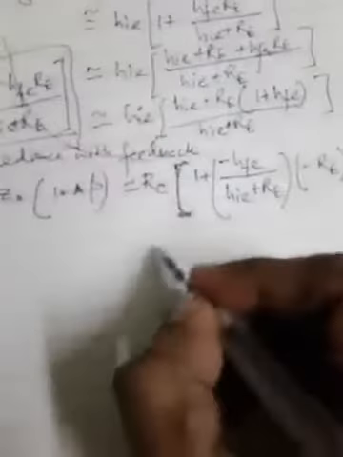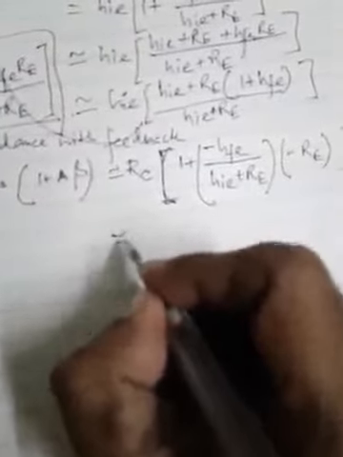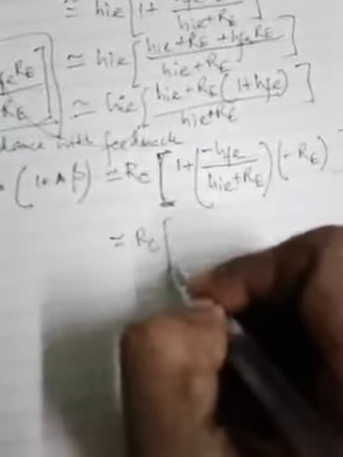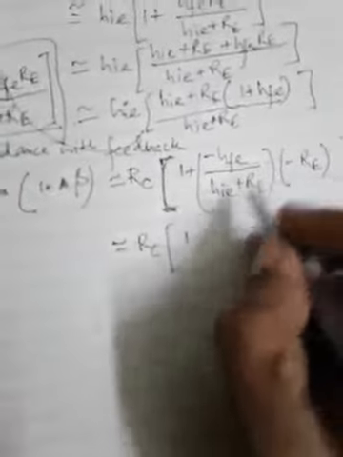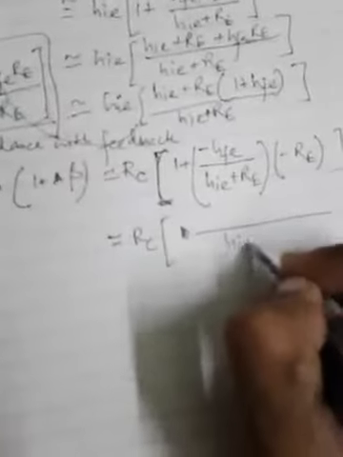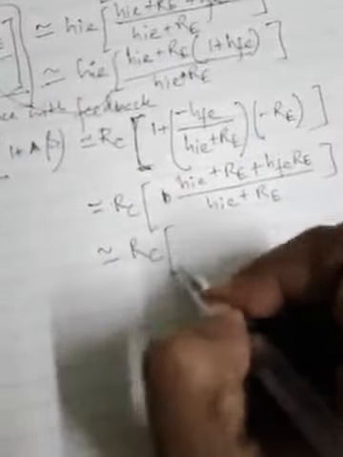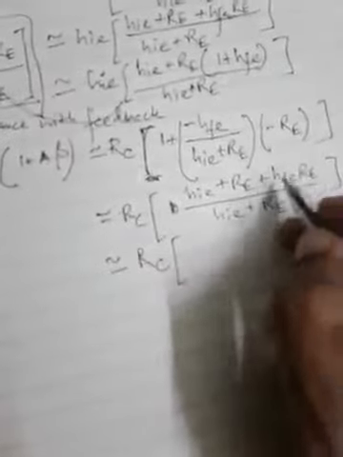Beta is minus RE. So if we now once again simplify, this will be like the previous one, RC into 1 by HIE plus RE, in the numerator HIE plus RE plus HFE RE, and once again if we take RE as common, this is approximately RC into 1 plus HFE, that means only HFE.